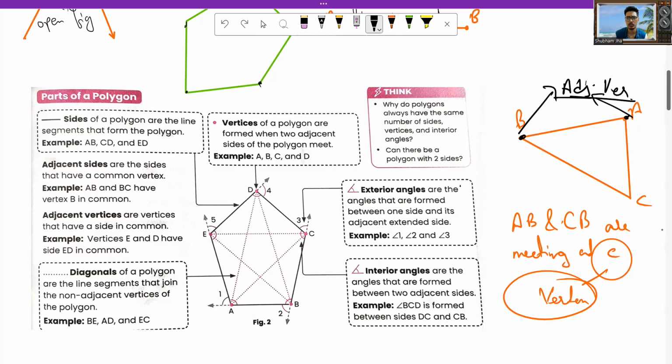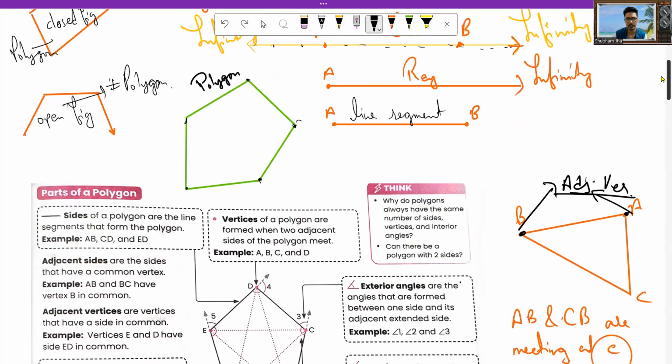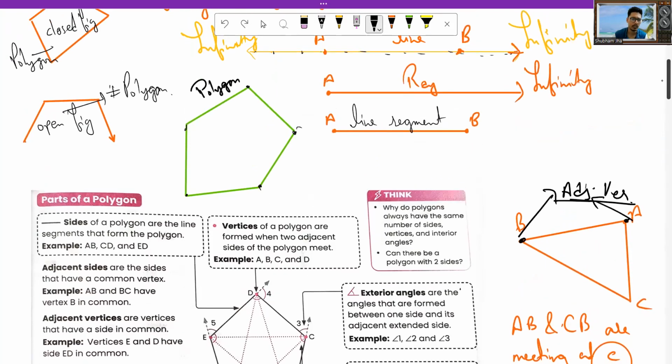If I were to define a side of a polygon, like this is a polygon, it is the line connecting two adjacent vertices. Here, these two are the adjacent vertices, and the line connecting the adjacent vertices is the side.